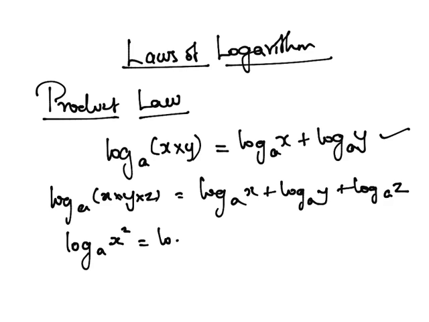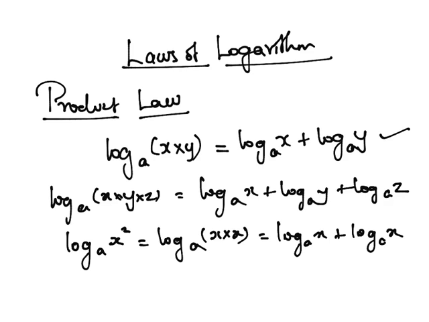I can write it as log of x into x to the base a. Again I can use the product law, so log x to the base a plus log x to the base a, which basically means 2 times log x to the base a, right? So I hope this is clear.